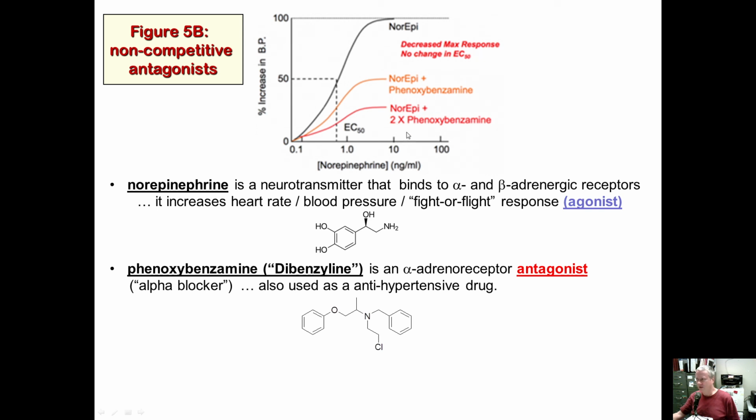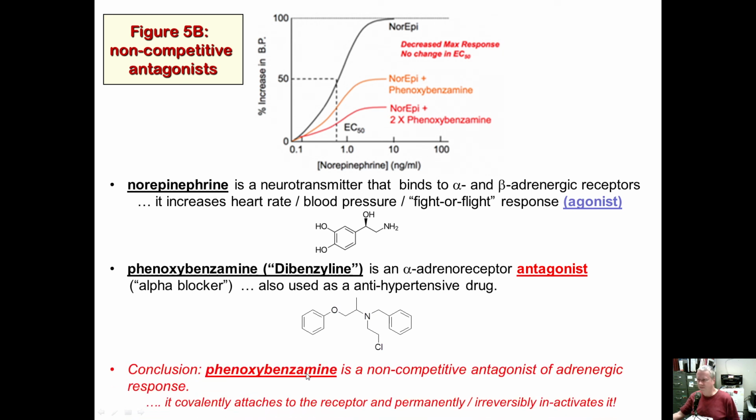And if you add 2 times this molecule, then you even have a lower maximal response. But notice how the EC50 of norepinephrine is all the same. That's kind of the difference between a non-competitive antagonist versus a competitive antagonist.